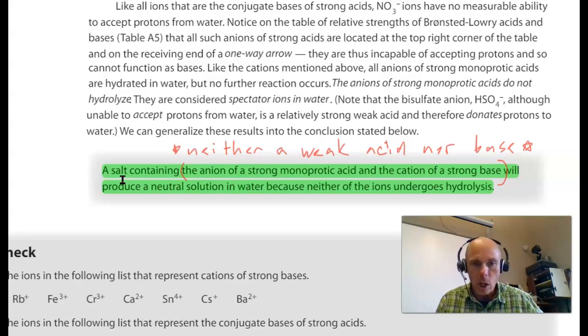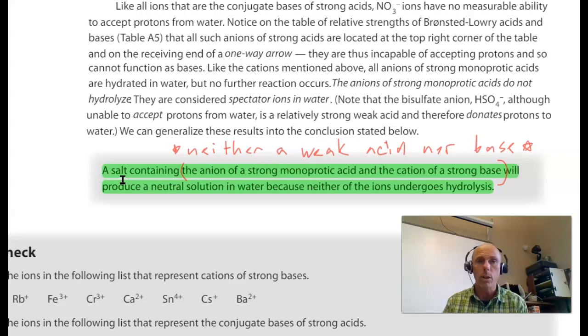So this says a salt containing the anion of a strong monoprotic acid. Remember, there's 6 strong acids. So we're talking about chloride, bromide, iodide, sulfate, nitrate, or perchlorate. So if that's the anion, and it contains the cation of a strong base, remember that's a group 1 or group 2 metal paired with hydroxide, then the salt will be neutral.